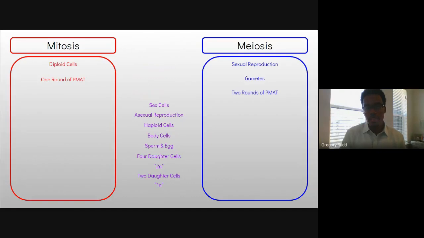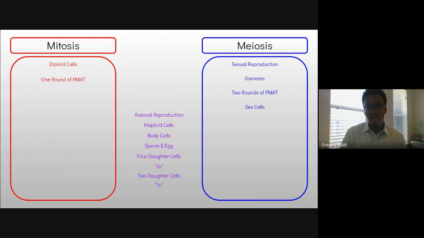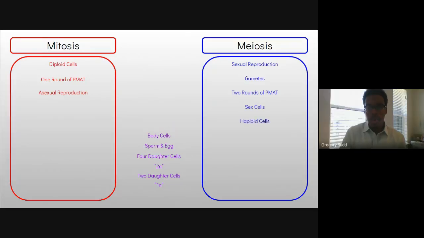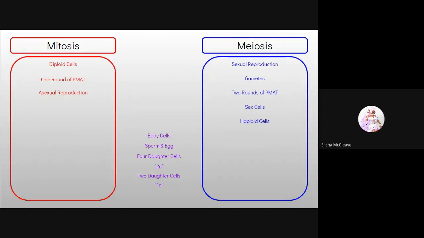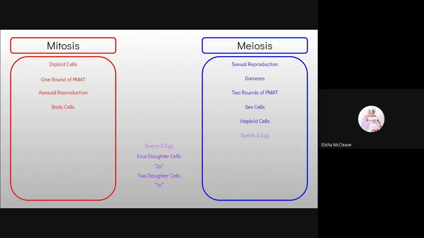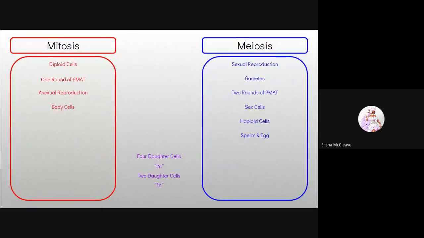Sex cells, meiosis, good. Asexual reproduction, mitosis, excellent. Haploid cells, meiosis, good. Body cells, mitosis, excellent. Sperm and egg, meiosis. 4 daughter cells, meiosis.